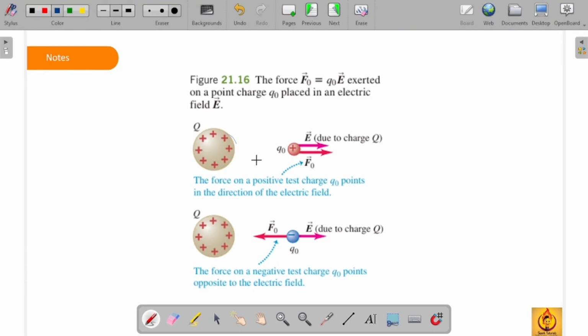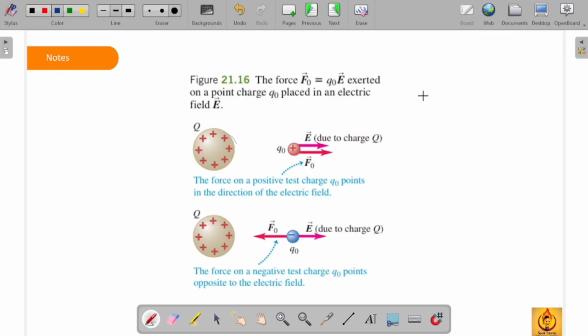This is what it also says here. We will look into it more. But now, if the sign of the electric field and the charge are not the same, the force is in the opposite direction, you will see what we mean.